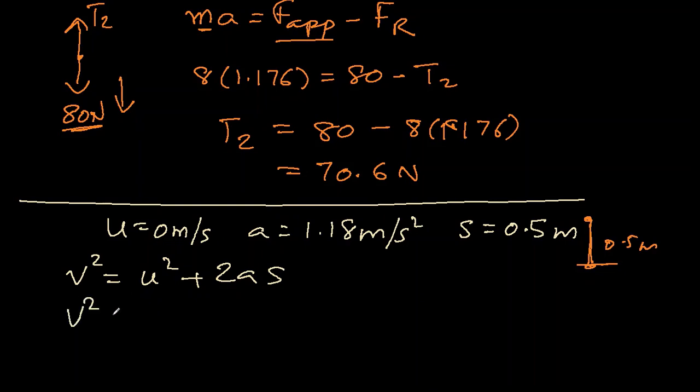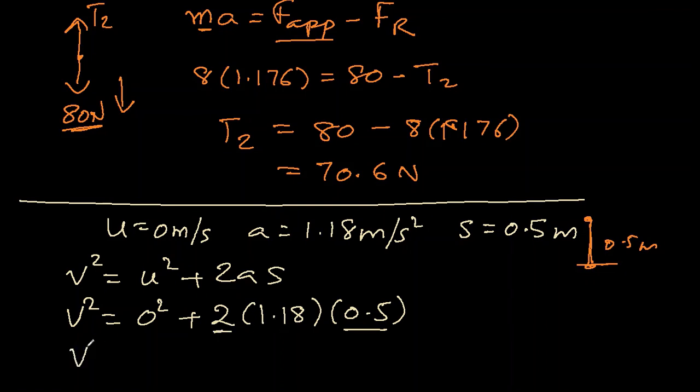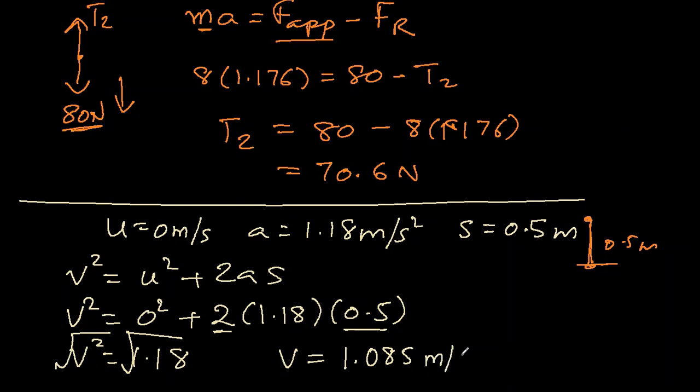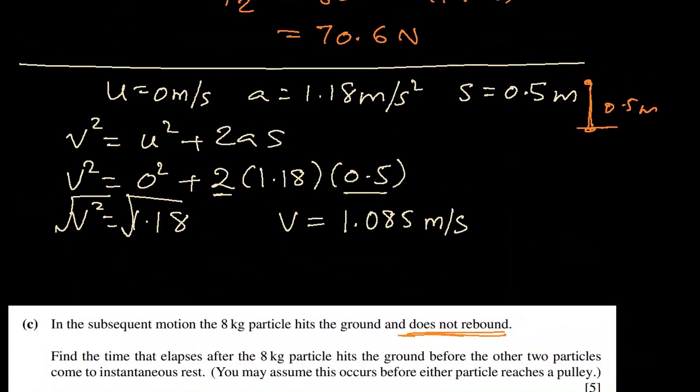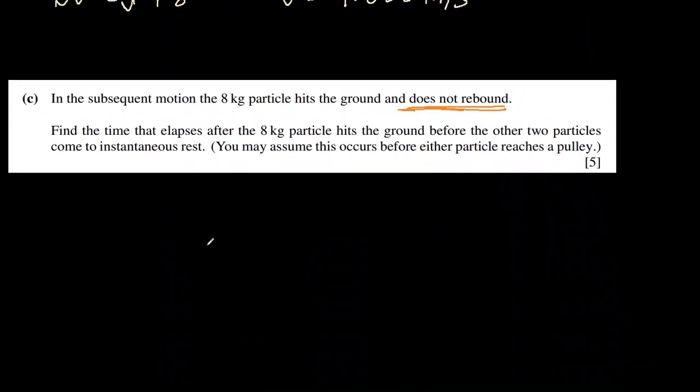v square we want to know, u was 0, so 2 times 1.18 times 0.5. The 0.5 and 2 become 1, so v square is 1.18, and taking the square root of both sides, we get 1.085 meters per second. So now we know the initial speed when the particles started decelerating.